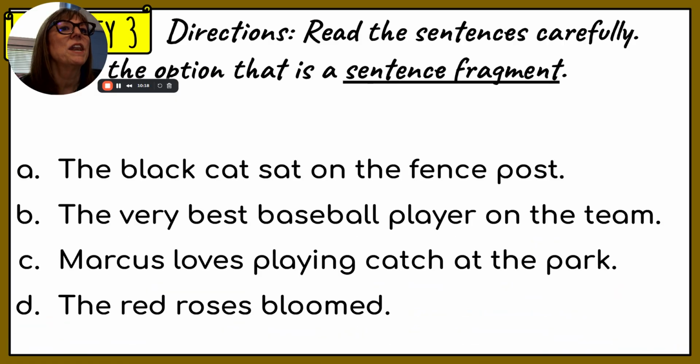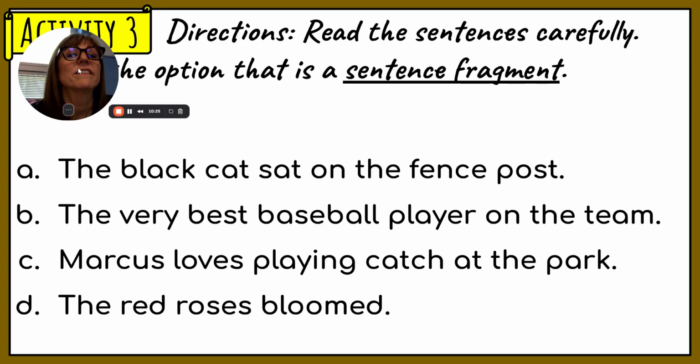And the next one, here we're going to change. What does it say? Choose the option that is a sentence fragment. Which one is a fragment? Ready? A, the black cat sat on the fence post. Do we have a subject and a predicate? Or B, the very best baseball player on the team. Or C, Marcus loves playing catch at the park.